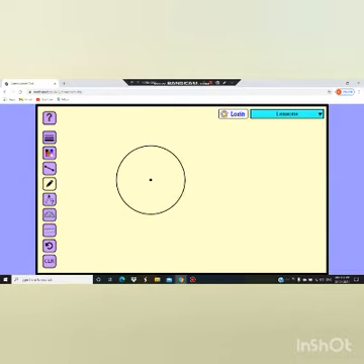So this is our circle with the radius 2.7 centimeter. Here the center name is not given, so we can take any name, I'm considering it here as A. Now I have shown the first tangent in this direction.